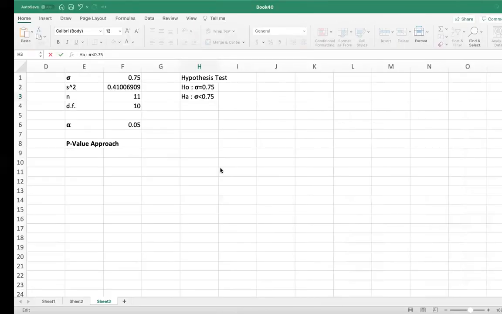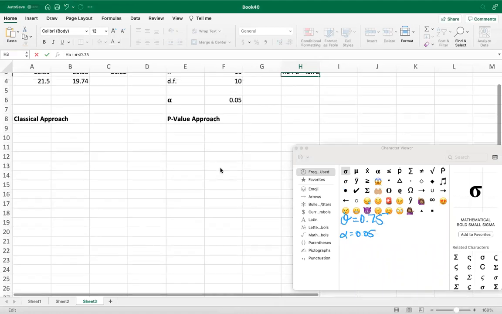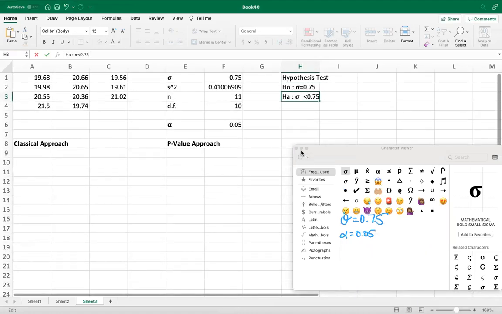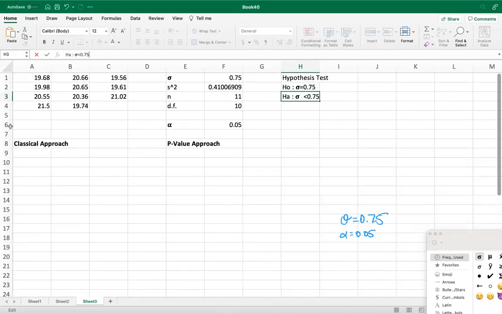All right. And now with that, we could check out the rest of it. Now we could look at our classical approach. So thinking of what is going on here, what we have is a left tail test. Remember left tail because our arrow here is pointing to the left.